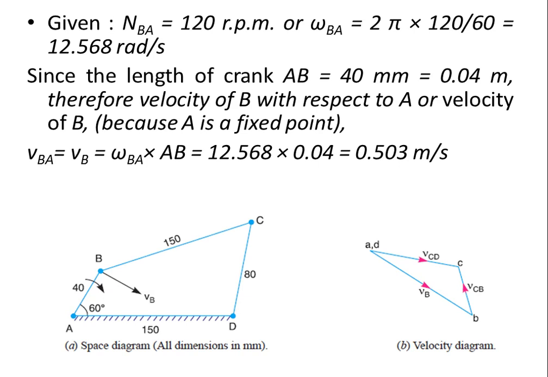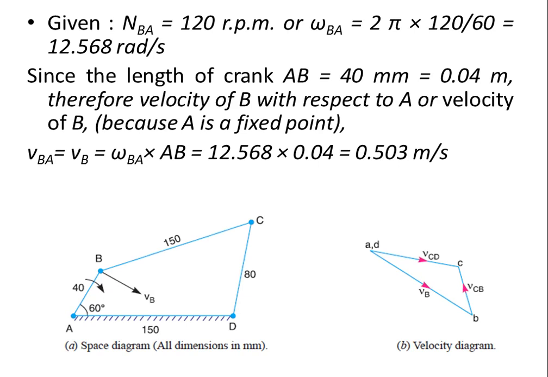Initially the length of AB is given and the speed of AB is given. So 120 rpm, and angular velocity will be 2 pi N by 60. So you got 12.568. And last class I also told you linear velocity is nothing but angular velocity multiplied by the length of the link. So omega BA multiplied by the length AB will be nothing but the velocity of BA in meters per second.